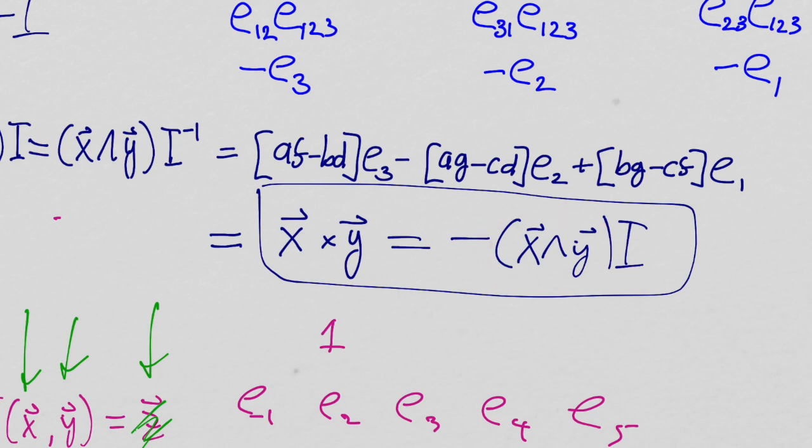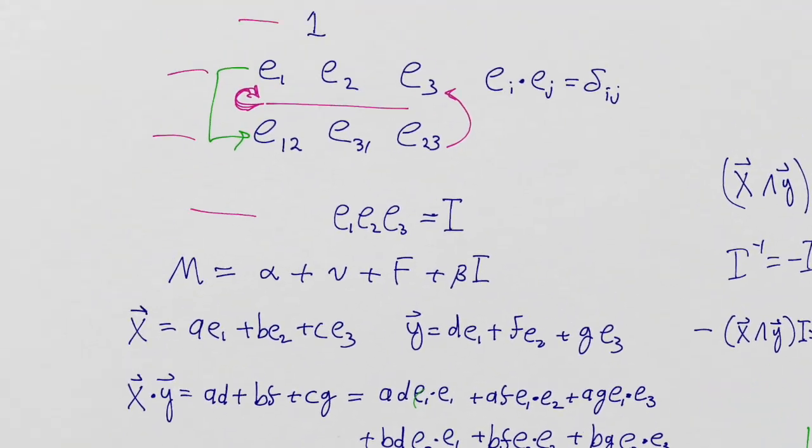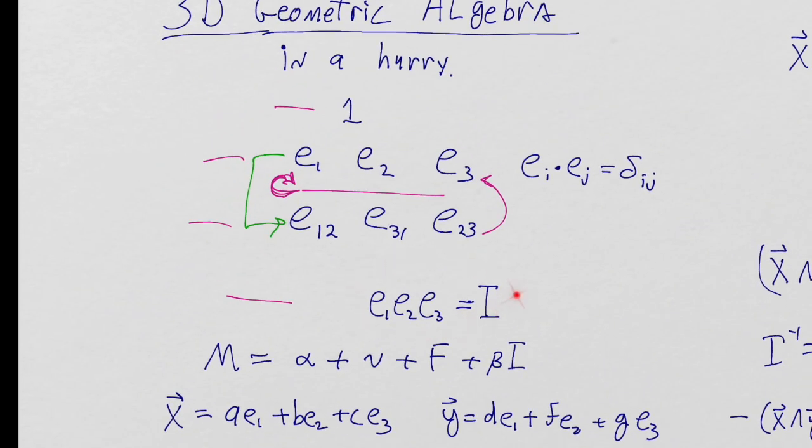And the answer to that question is it's manifest in a choice that we made earlier when we chose I to be E1, E2, E3. Had we chosen I to be E2, E1, E3, if that was our definition of I, maybe I'll call it I prime, then we'd be dealing with a left-hand rule. But the right-hand rule is encoded in our definition of I, right?